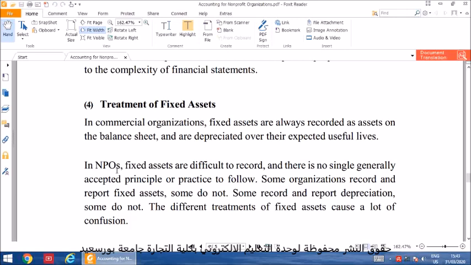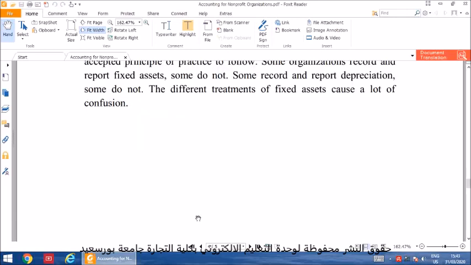Some NPOs record and report fixed assets, some don't. Some record and report depreciation, some don't. The different treatments of fixed assets cause a lot of confusion.